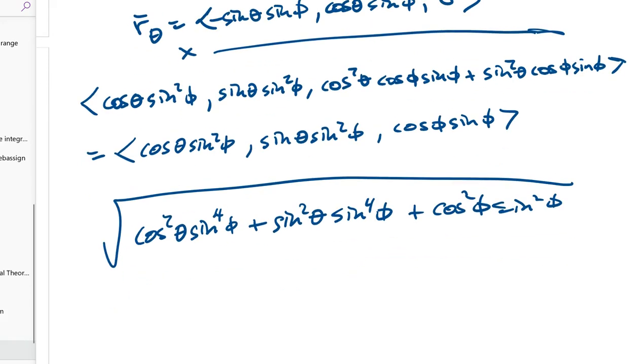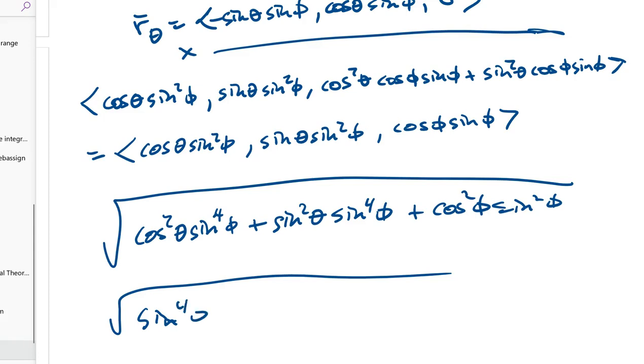I can pull out a sine to the fourth phi here, and I'll get cosine squared plus sine squared. So that'll be sine to the fourth phi, plus cosine squared phi sine squared phi.